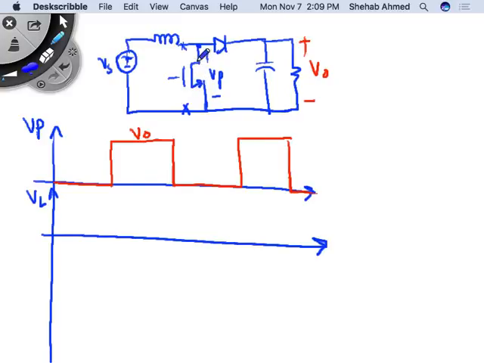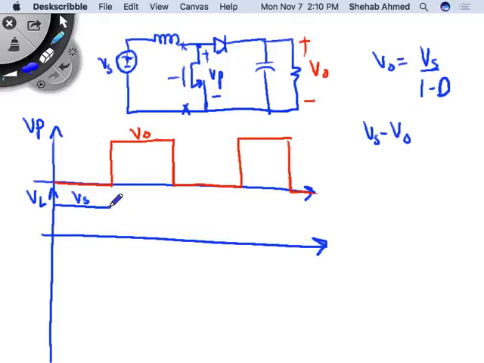The voltage across the inductor, when the switch is closed, I have Vs across the inductor. Right? And how about when the switch is open? When the switch is open, the diode is on. I have Vs minus V output across the inductor, and we said that V output is equal to Vs over 1 minus D. So the minimum value of V output is actually Vs. So Vs minus V output is always going to be a negative number, 0 or a negative number, right?